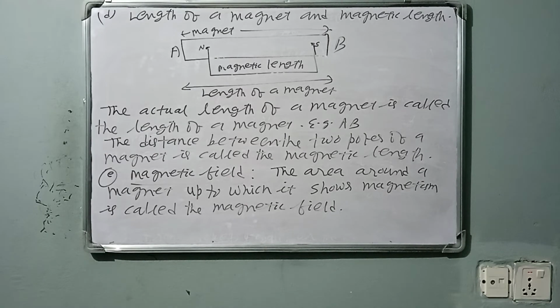And there are so many others also, like pole, magnetic length of a magnet, terrestrial magnetism, magnetic induction, demagnetization, etc. Which I am going to write down.